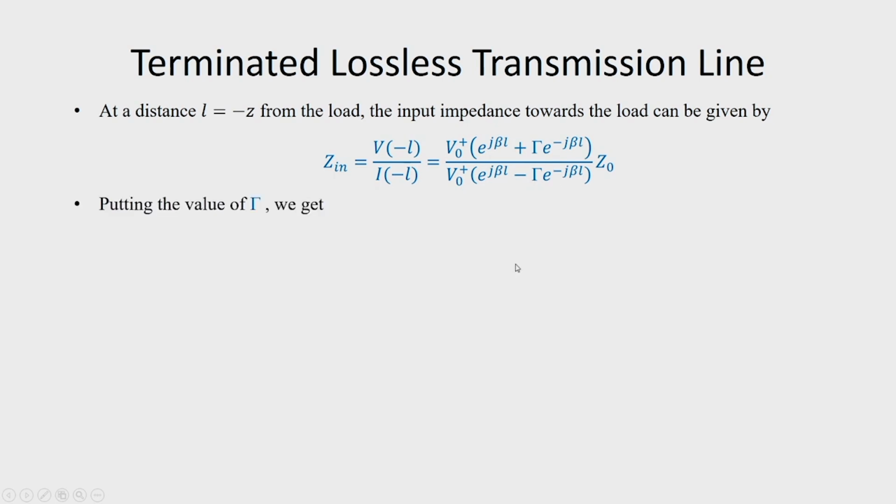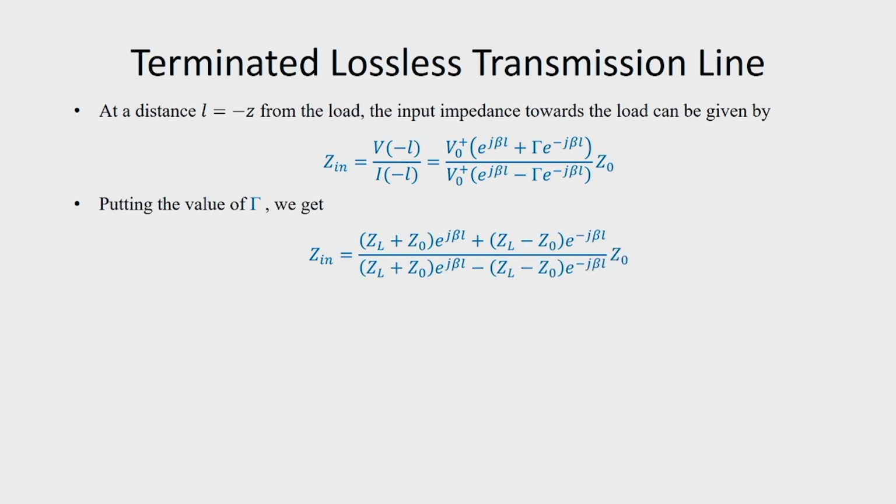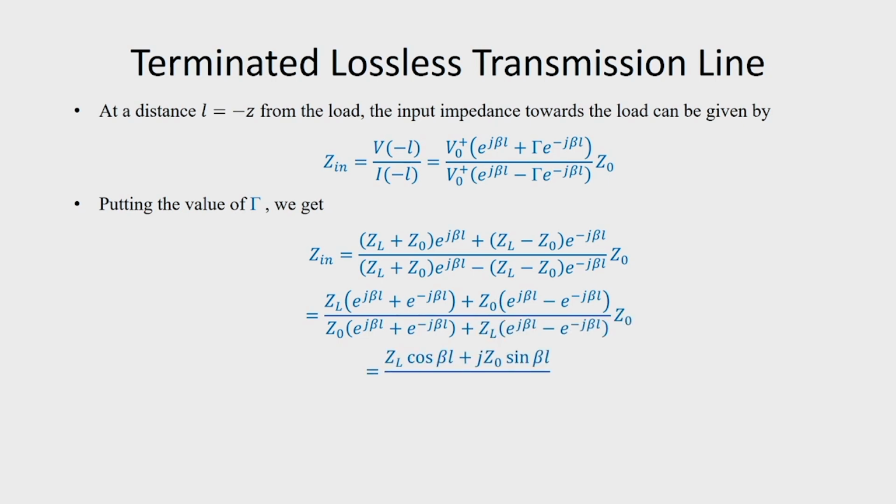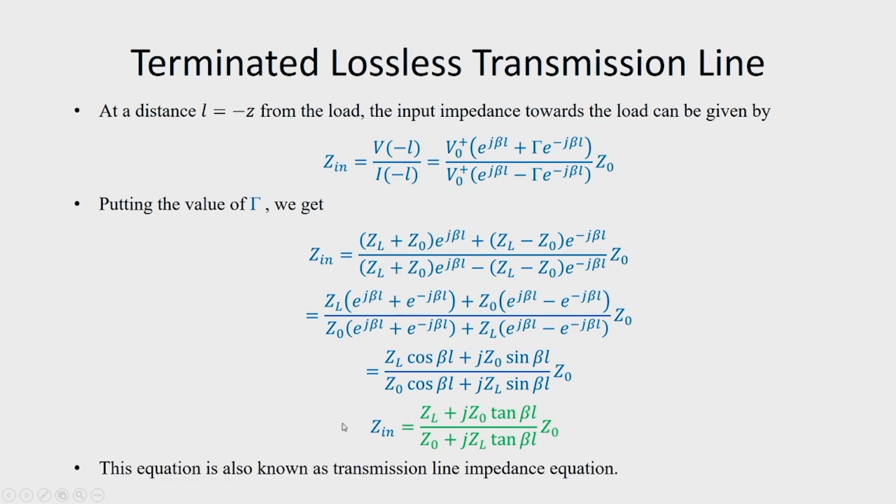Now, we substitute the value of reflection coefficient gamma, then we can write Z in this form, and when these terms are rearranged, we get the final form of the equation as Zin is equal to Z naught multiplied by ZL plus j Z naught tan beta L divided by Z naught plus j ZL tan beta L. So, this is a very important equation and it gives the input impedance that will be seen at a distance L from the load looking towards the load, and this is the transmission line impedance equation.